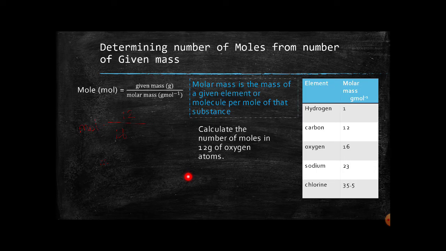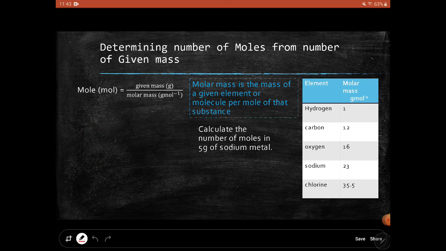When we put this in our calculator, the answer would be 0.75 moles. Our second example says calculate the number of moles in 5 grams of sodium metal.